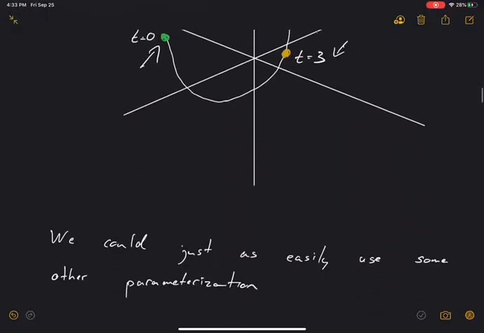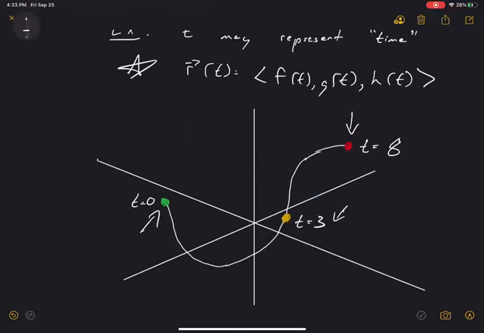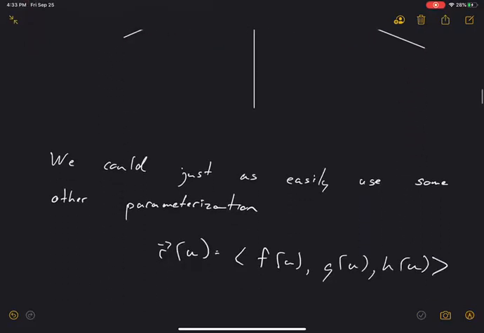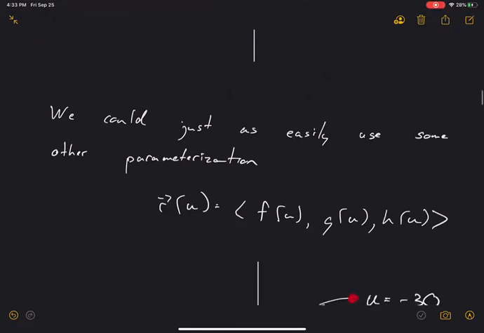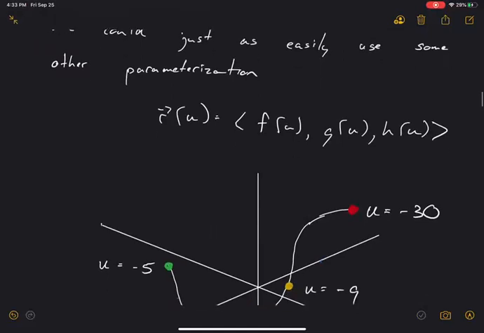On the other hand, it could be something totally abstract, where these are just numbers giving me different points on my curve, but maybe they don't correspond to any kind of concrete idea like time. We could just as easily use some other parameterization that doesn't have anything to do with real world concepts.